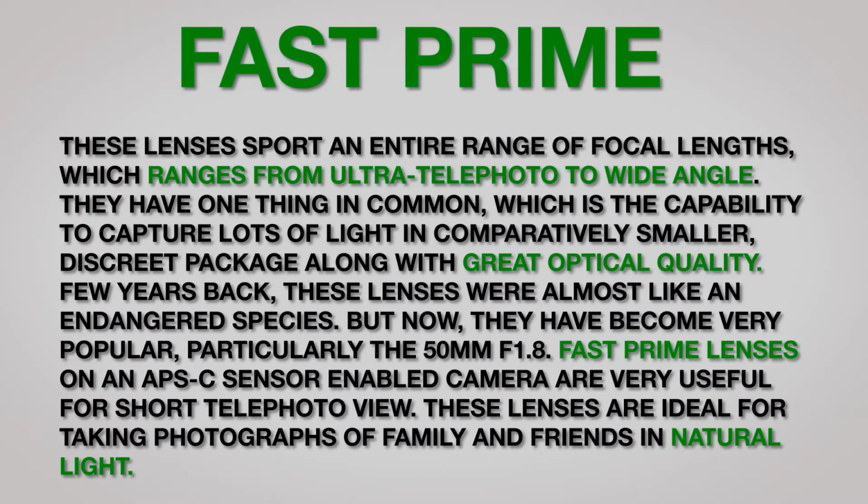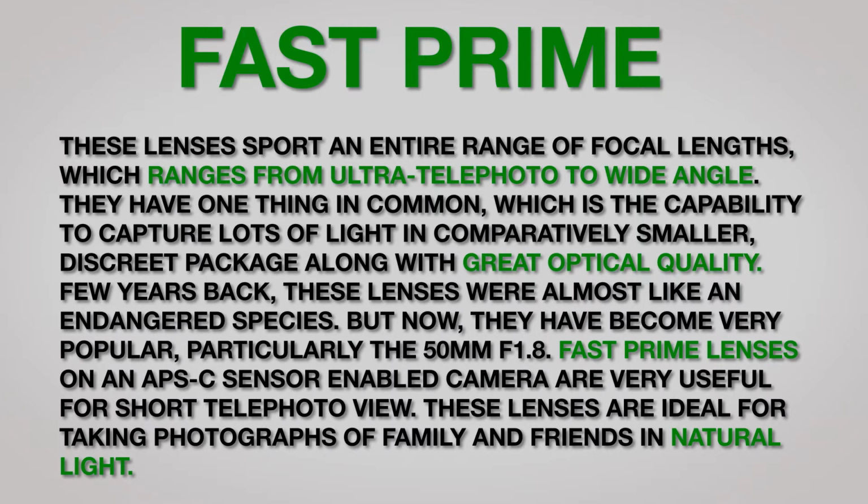Fast prime. These lenses sport an entire range of focal lengths, from ultra telephoto to wide angle. They have one thing in common, which is the capability to capture lots of light in comparatively small, discrete packages along with great optical quality. A few years back, these lenses were almost like an endangered species, but now they have become very popular, particularly the 50mm f1.8.